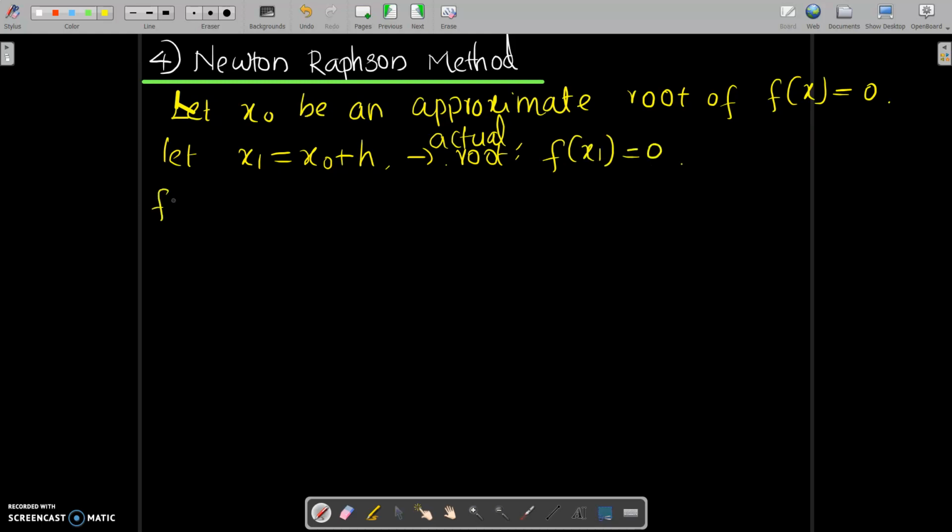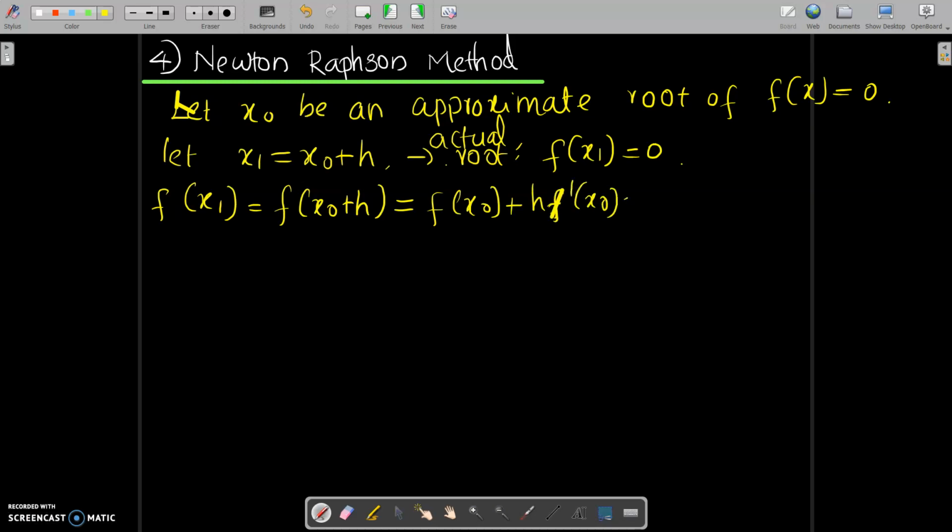Then we have f(x1) = 0, which implies f(x0 + h) = 0. By using the Taylor series expansion, this is f(x0) + h f'(x0) + (h^2 / 2!) f''(x0) + etc., which is equal to 0.